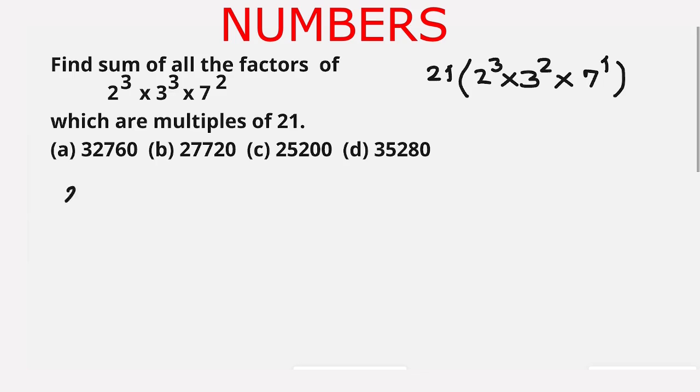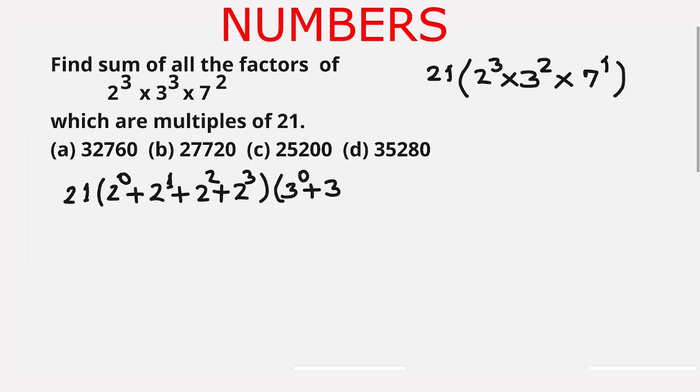So we write 21 multiplied by 2 to the power 0 plus 2 to the power 1 plus 2 to the power 2 plus 2 to the power 3, multiplied by 3 to the power 0 plus 3 to the power 1 plus 3 to the power 2, multiplied by 7 to the power 0 plus 7 to the power 1.